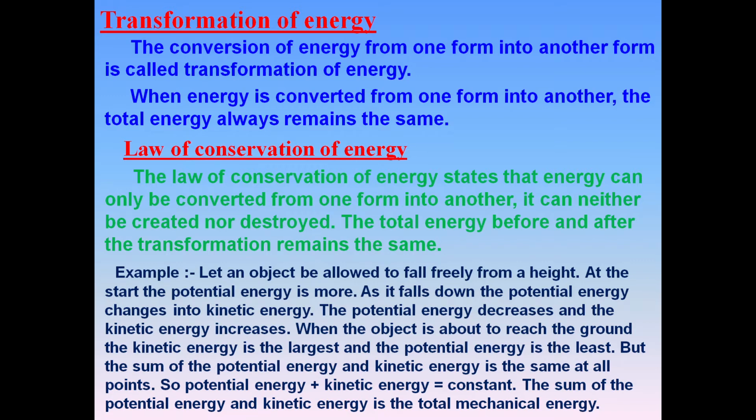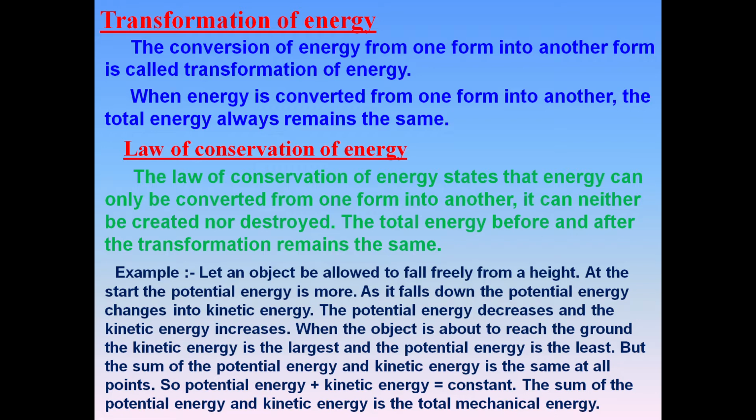Our first example is the conversion of electrical energy to mechanical energy. A fan, a mixer grinder, a washing machine, etc. They convert electrical energy to mechanical energy. Then second, we have chemical to electrical energy.